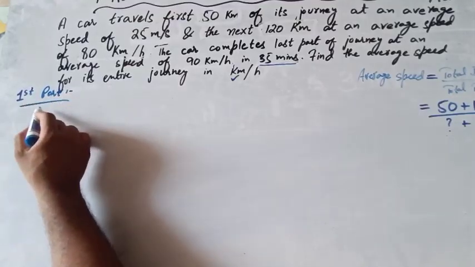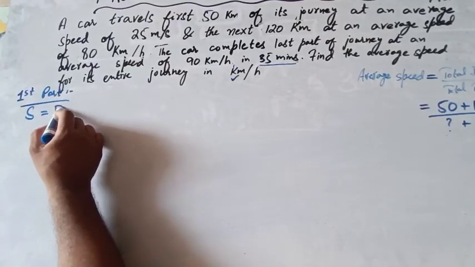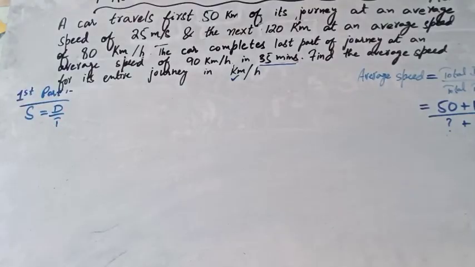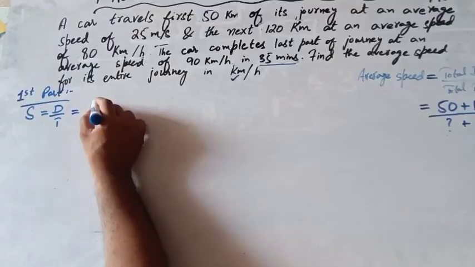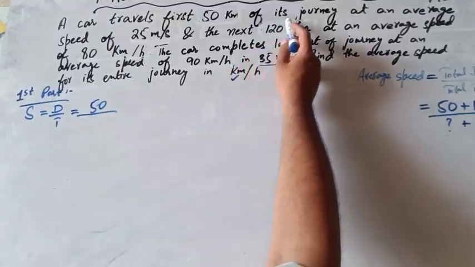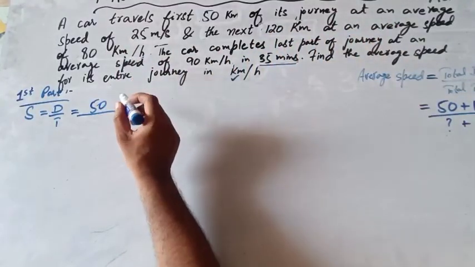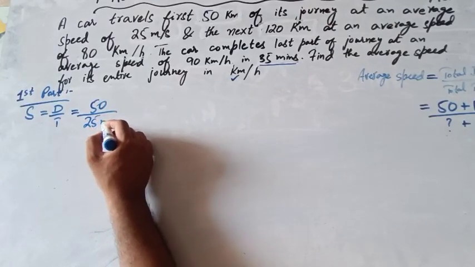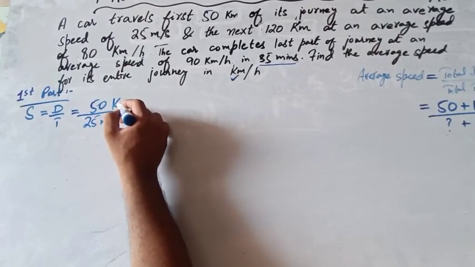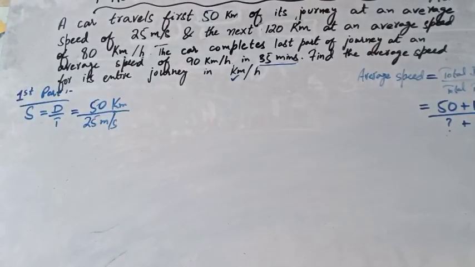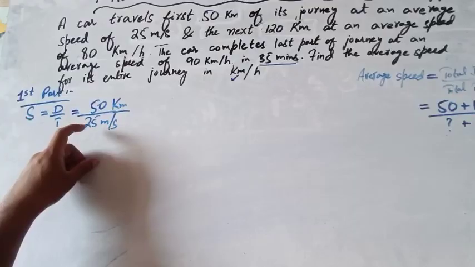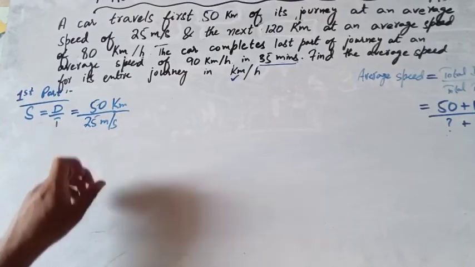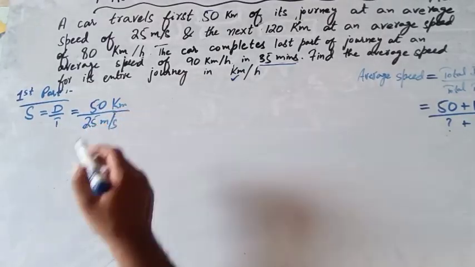For the first part we are using this formula, speed is equal to distance upon time. Now what distance is given? Distance is given as 50 kilometers of its journey at an average speed of 25 meters per second. Distance is given in kilometers and speed is given in meters per second. We cannot directly simplify these two because the units are different.